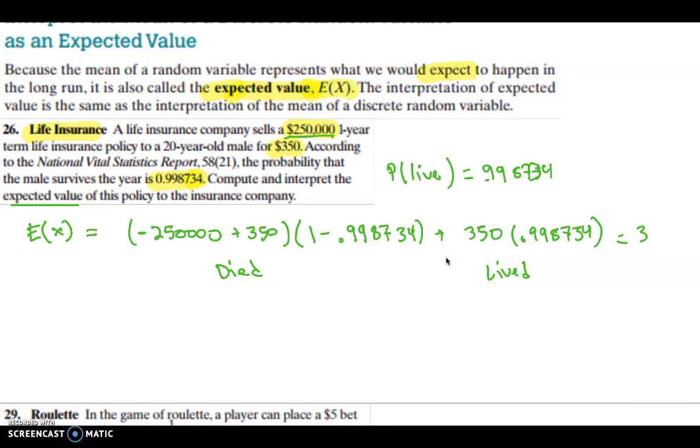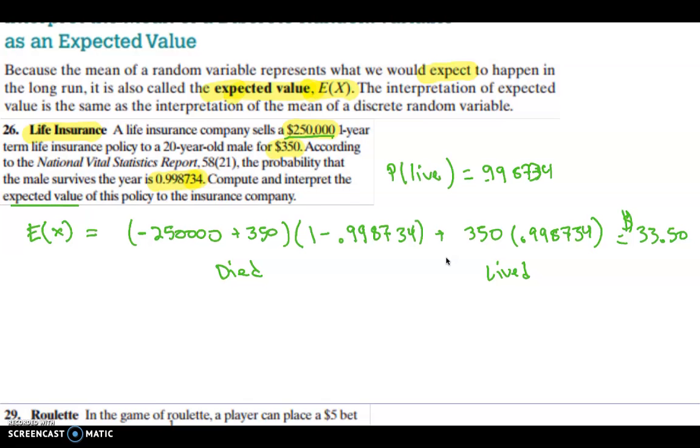When I multiply these out and then add them together, I get $33.50. So what this is telling us is that the expected value on any policy in the long run is they'll make $33.50 on each policy that they sell.